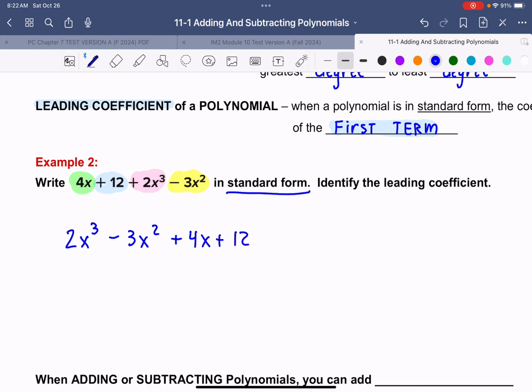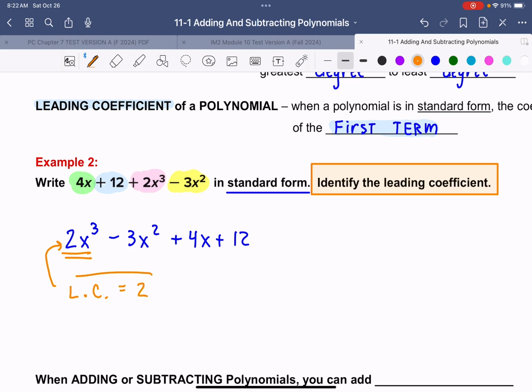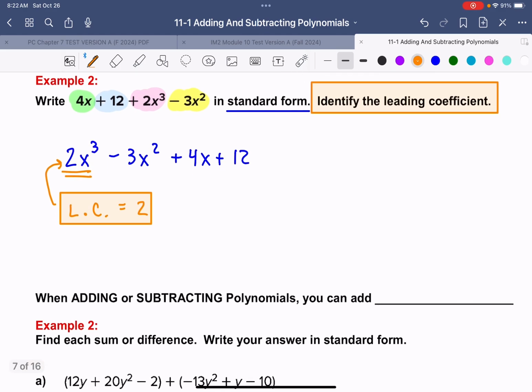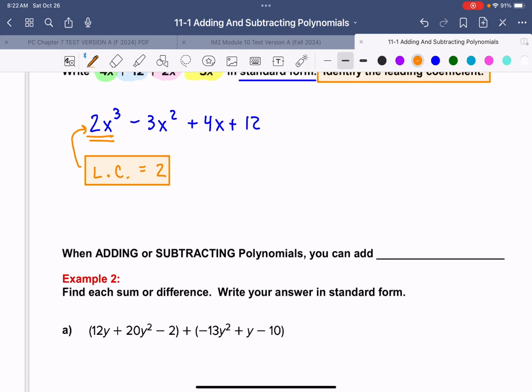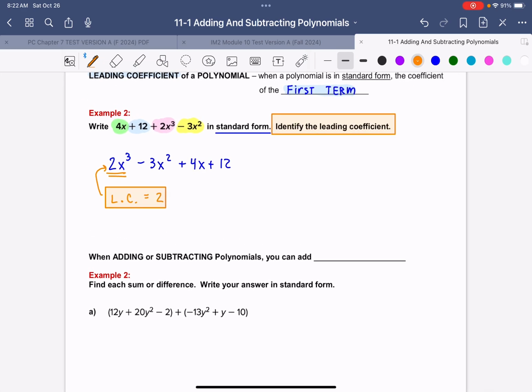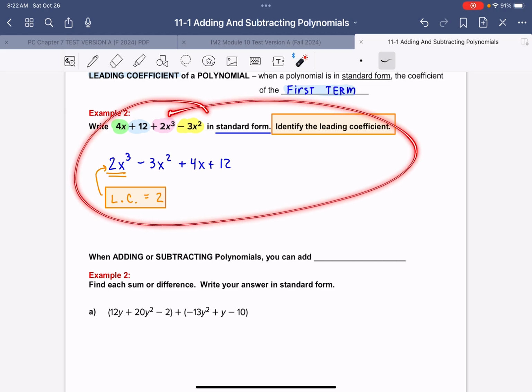Okay, so this is standard form. After we do that, we can identify the leading coefficient, which is basically the term in front, but the coefficient is just the number. So the leading coefficient is 2. Okay. All right, not very exciting, but you'll see why that's important when you're graphing these polynomials when you get to IM3.